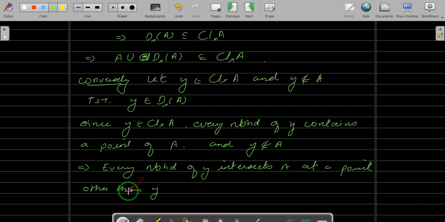And by the definition of the limit point, this implies y belongs to derived set of A.